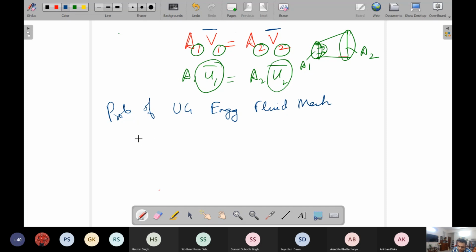So you have, let us say, 2 points. Let us say a nozzle or whatever, and you have a streamline. A streamline like this. We have already defined a streamline.